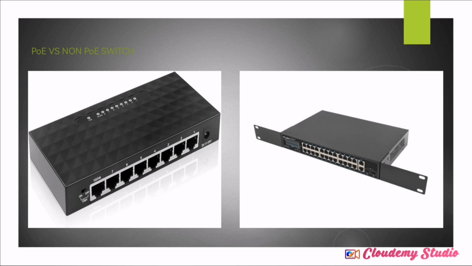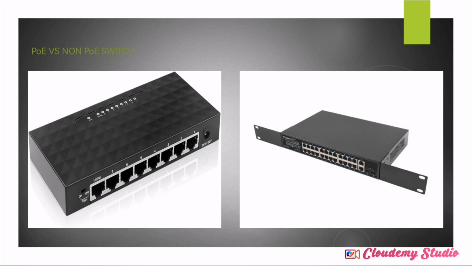A PoE switch is powered over Ethernet. A non-PoE switch doesn't have that function to supply power to switch on the cameras. Meaning even if a camera is PoE, you still need a charger or a power cable that will supply enough 12 volts or 9 volts power to the cameras for them to go on, if you are using a non-PoE switch. I hope you have understood the differences.